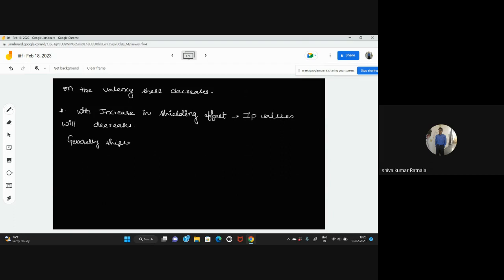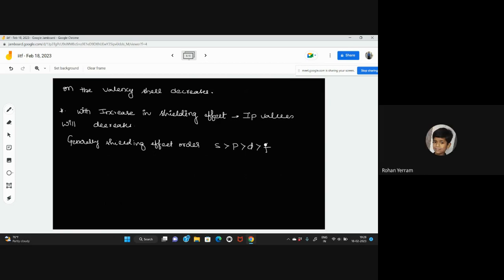Generally, the shielding effect order is such that d and f orbitals will have poor shielding effect. Sir, so s will have low IP? s will have the lowest IP.